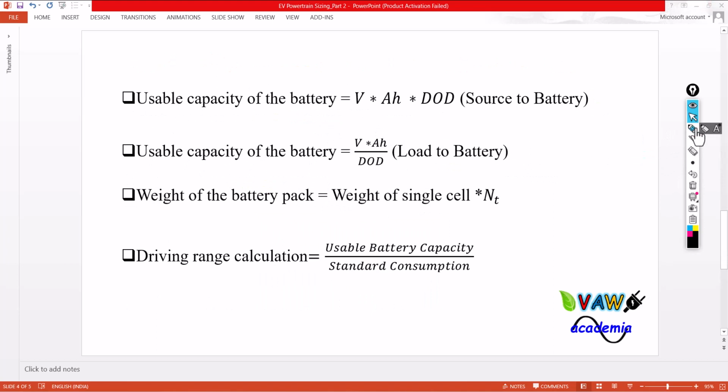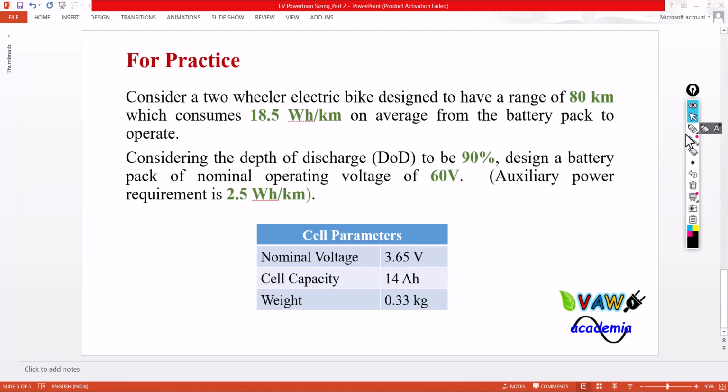In this simulation, we used the usable battery capacity as volt into ampere hour into depth of discharge, because I was calculating from source to battery. Now we are going to calculate from load to battery. I want to drive a vehicle which covers 80 km per day, which consumes 18.5 watt hour per kilometer on average from the battery pack to operate.